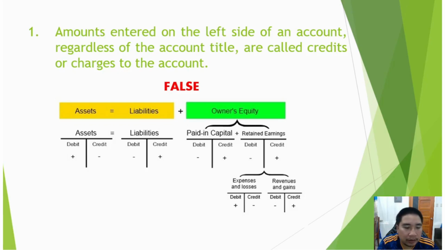And that translates to the T account or the ledger of the specific accounts, regardless of what element they are. So whether they are an asset, liability, or an equity account, the left side will always be the debit side and the credit side will always be the right side. So the answer is false.